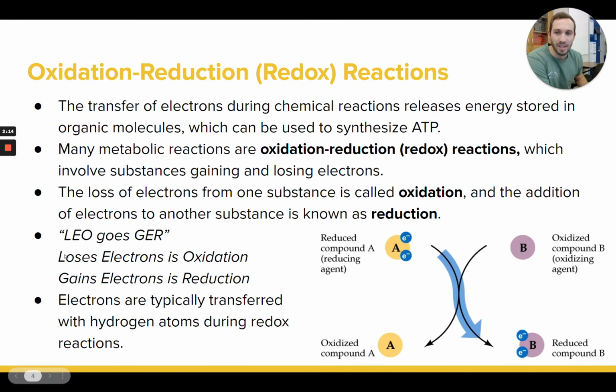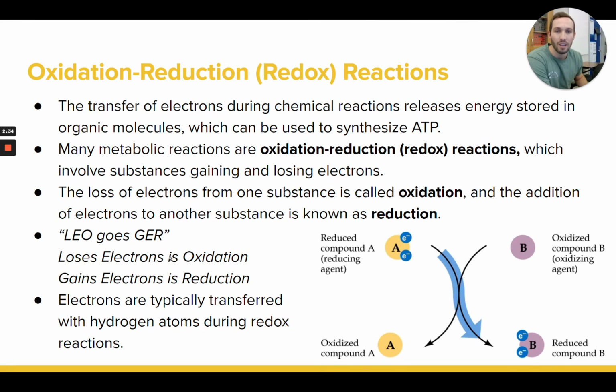I learned it as Leo goes Ger. That's the mnemonic device that I learned. Leo means lose electrons is oxidation, and Ger means gaining electrons is reduction. So if it's gaining electrons, that's reduction. Losing electrons, that's oxidation. That's the big difference between the two.